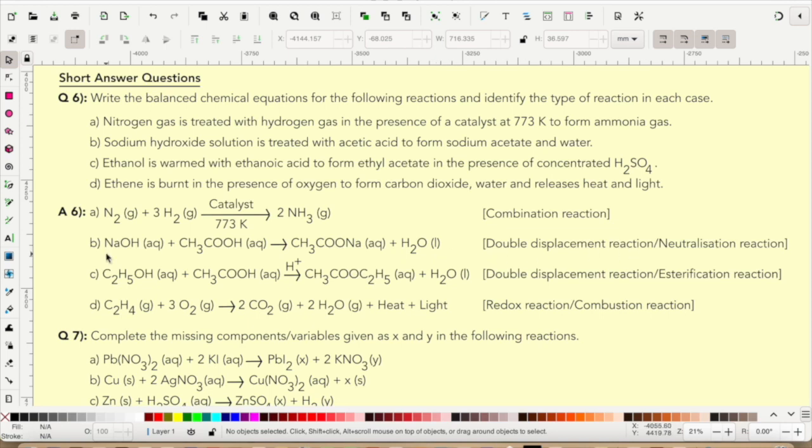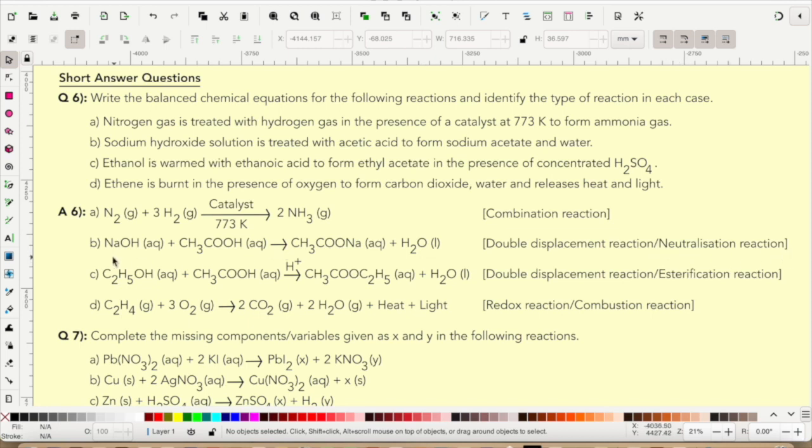As we know, NaOH is made of Na plus and OH minus ions. CH3COOH is made of CH3COO minus and H plus ions. Na plus combines with CH3COO minus ion to make CH3COONa, and H plus combines with OH minus to make H2O. So this is double displacement reaction. This is also neutralization reaction.